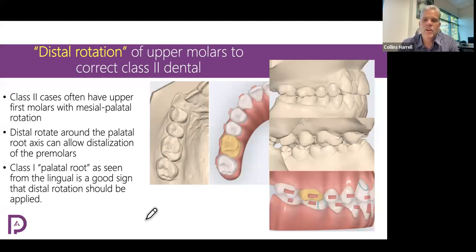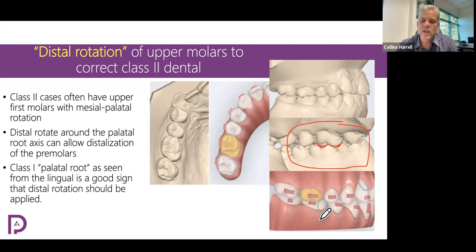Okay, so with an aligner, you can go and look at the setup from the lingual view. And if you can see from the lingual view that the mesial palatal cusp fits right into the central fossa of the lower first molar, and the distal palatal cusp is making contact with the mesial marginal ridge of the second molar, then you basically have a class 1 molar relationship on the lingual side.